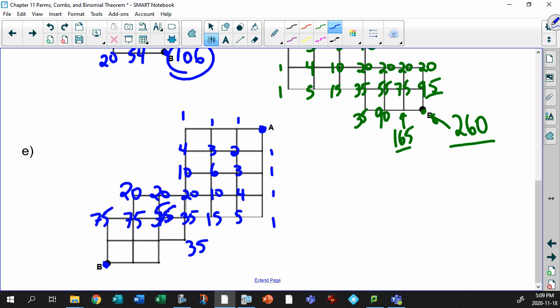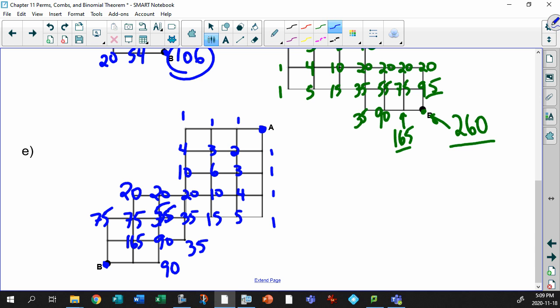Neat, hey? Okay, keep on going. 55 and 35, right, give you 90. 90 and 75 here gives you 165 for that one. Oh my goodness. Okay, now 165 and 90 give you, oh, don't forget, you had to carry the 90 down here.